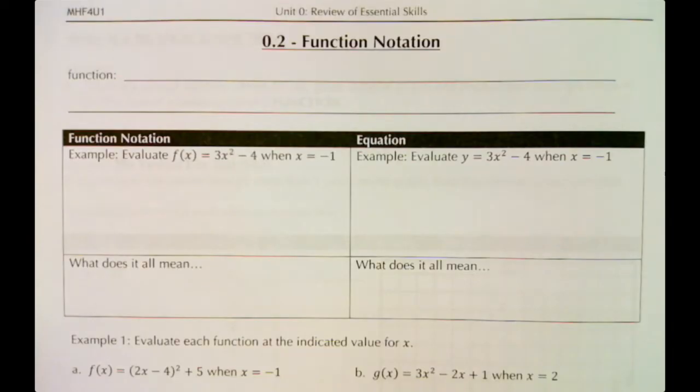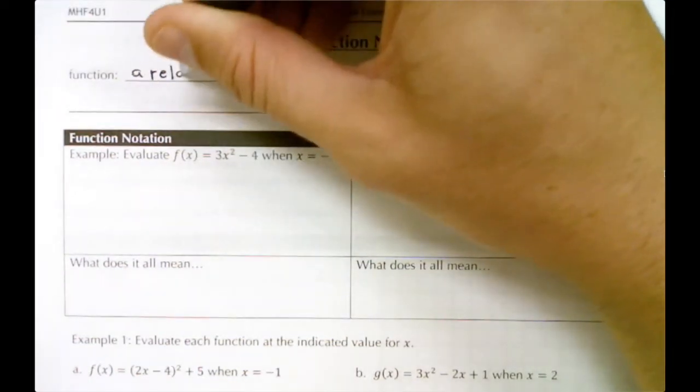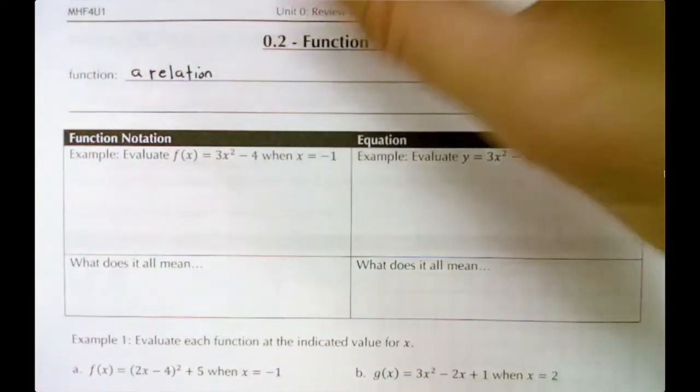Okay, this is lesson 0.2 of our review unit, and this is function notation. First, what's a function? Well, a function is a relation that we talked about in the last review lesson, but it's a very specific type of relation.